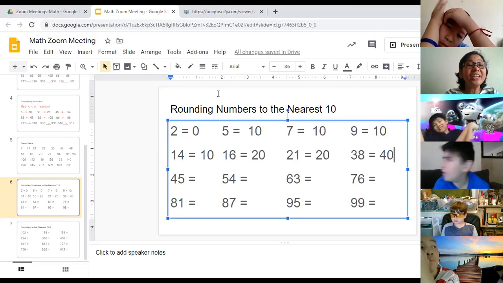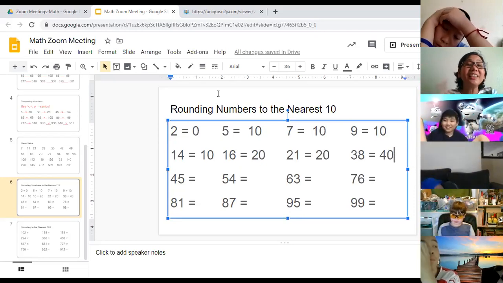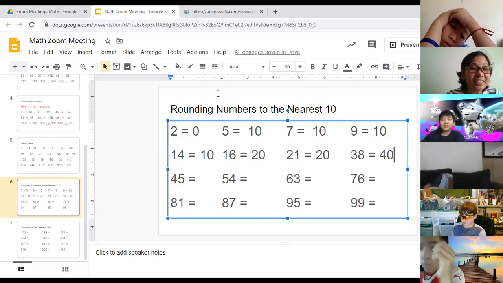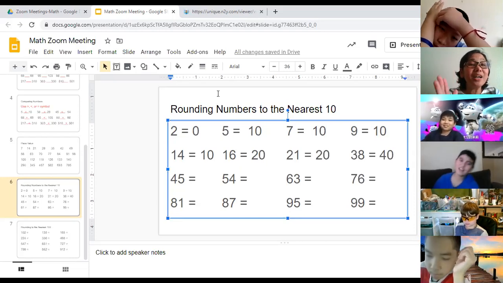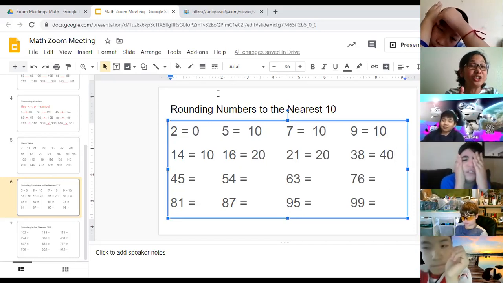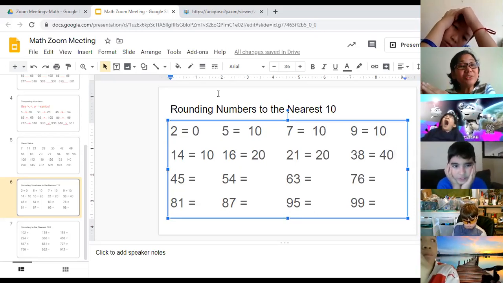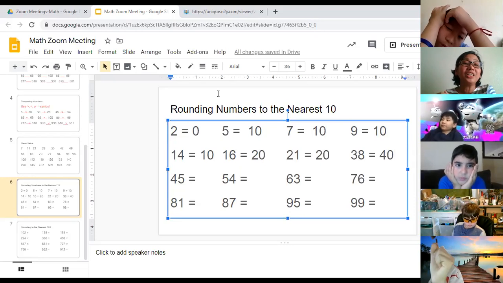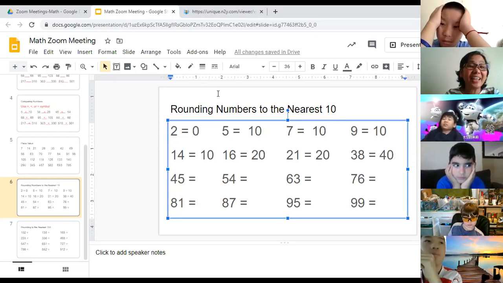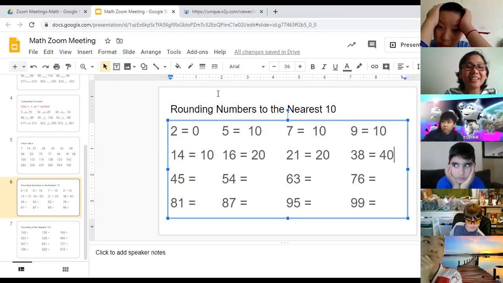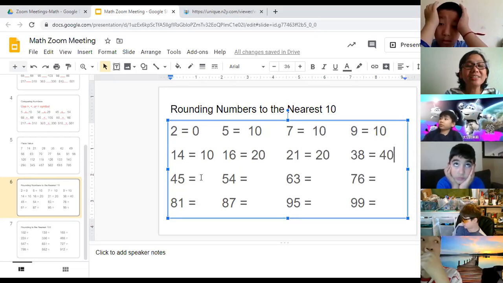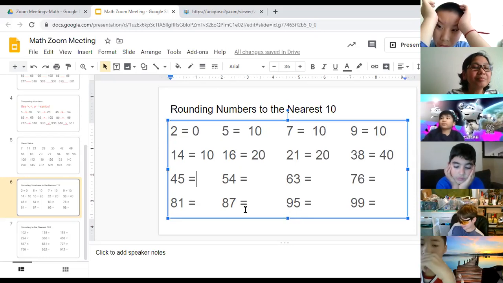Because 38 is closer to 40 than 30. And 38 is above the halfway point, which is 35. It is above 35, so we round 38 to 40 if we round it to the nearest 10. Good job.